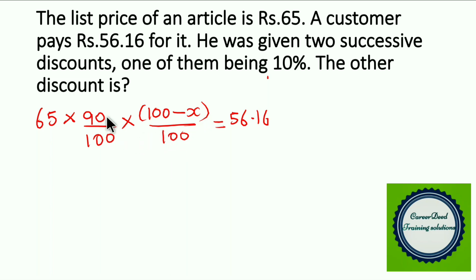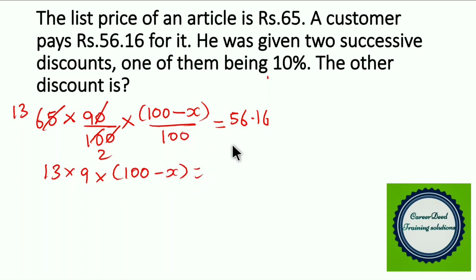Now you have to find the second discount the shopkeeper provided. So just cancel this, you will get the answer. 0 0 cancel, and 65 and 10 for 2 times and this for 13 times. Okay, so 13 into 9 into 100 minus x equal to 56.16 into 100, you get 5616 into 2. Now just cancel this 13 with 5616, you get 4 times, 3 times and 2 times.